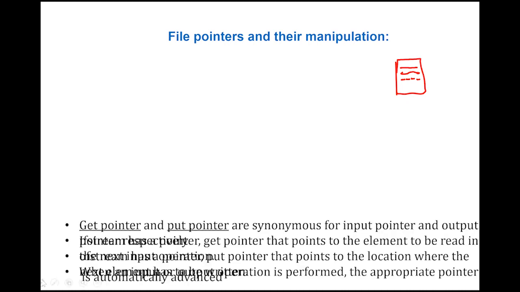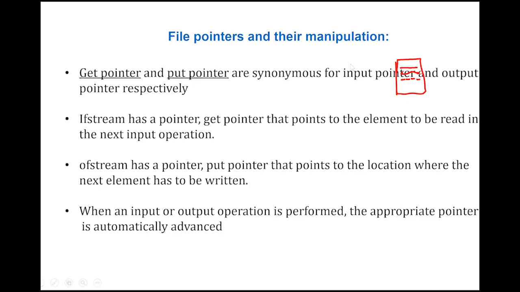So get pointer and put pointer are the synonyms for input pointer and output pointer. Here we are using two pointers. When I say get pointer, it is understood that getting something is nothing but reading from the file. So for reading we use a get pointer, and for writing we use a put pointer.